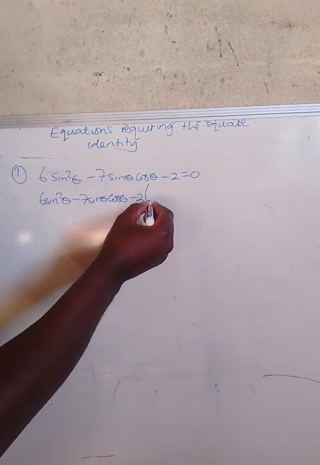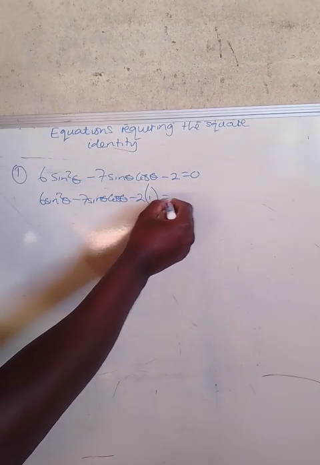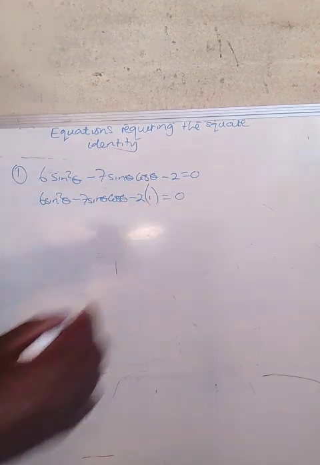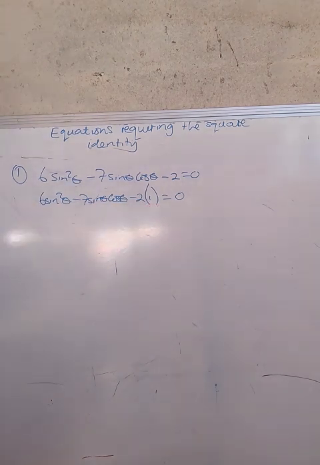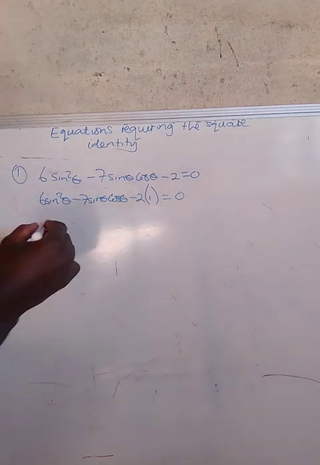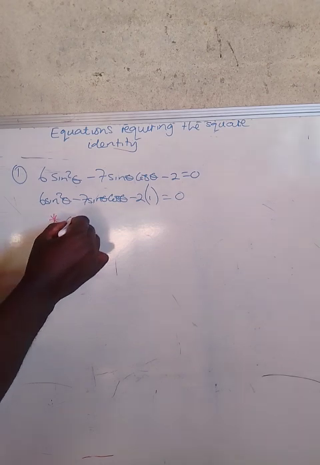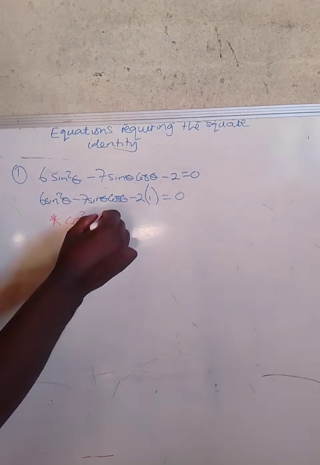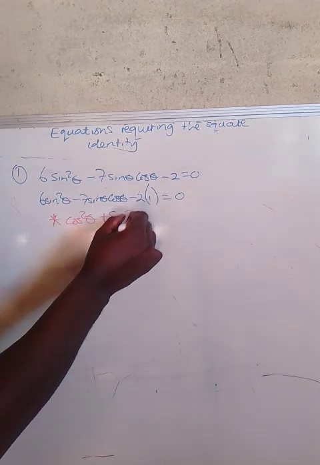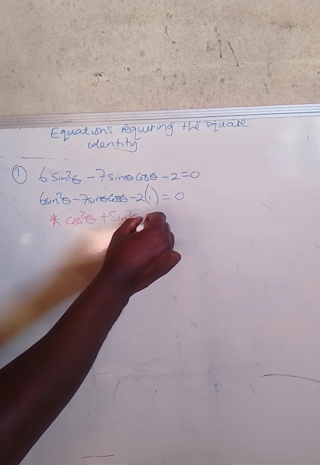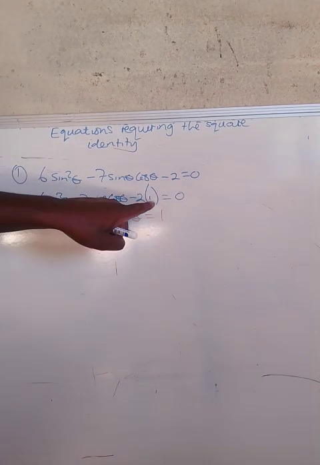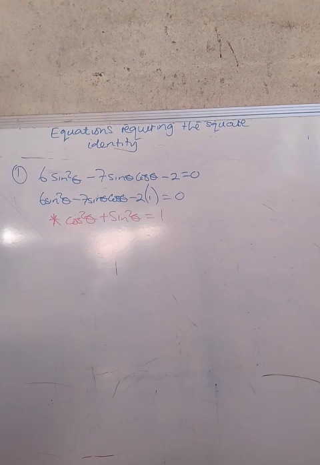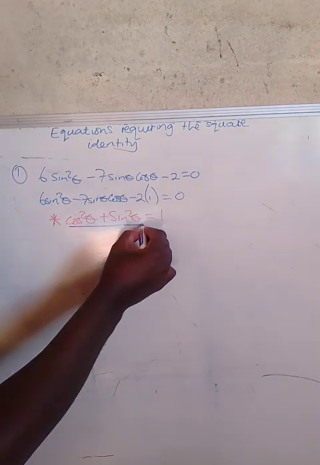It's like we are multiplying by 1, equals 0. We are multiplying by 1. And what is the identity? Remember, cos squared theta plus sine squared theta is equal to 1. So now we need to multiply the constant by 1. So if we multiply the constant by 1, this is our 1.